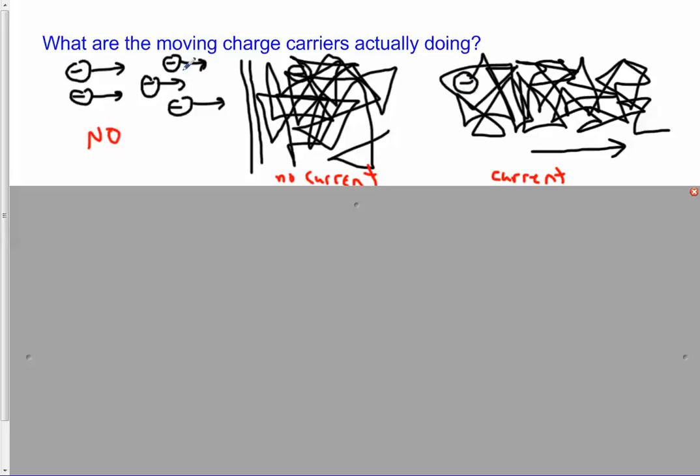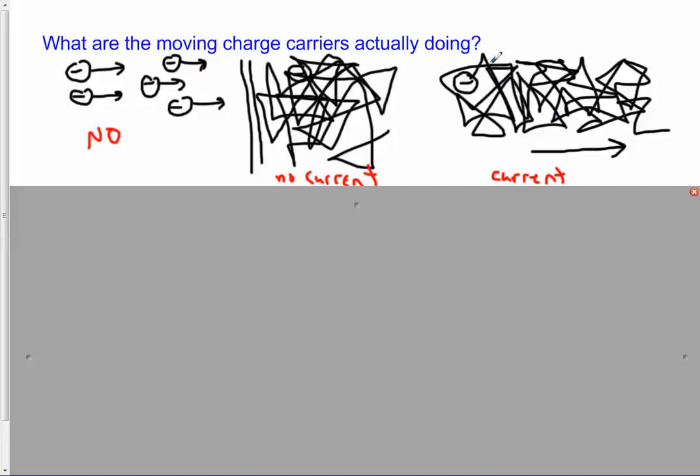It's not like this nice clean picture where they're all moving in a very orderly fashion in one direction. Mostly they're just bouncing off atoms in all kinds of crazy directions, but they just have a general overall push in one direction because of some external electric field or potential that's pushing them this way.